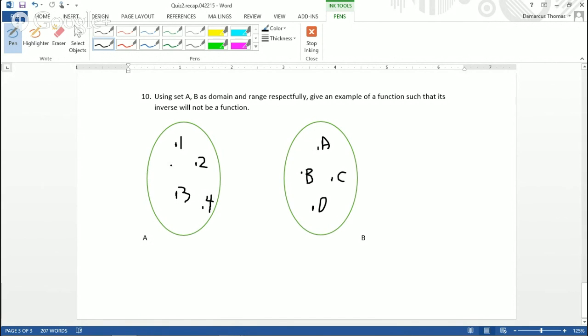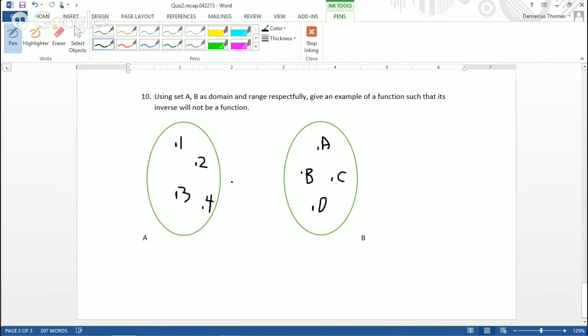And so first of all, a function, well, I'll just start off with what wouldn't be a function. For it not to be a function, if I start with this one input value, which is 1, if the point 1 goes to two places, so let's say it goes to A and also to B, then right away it will not be a function.